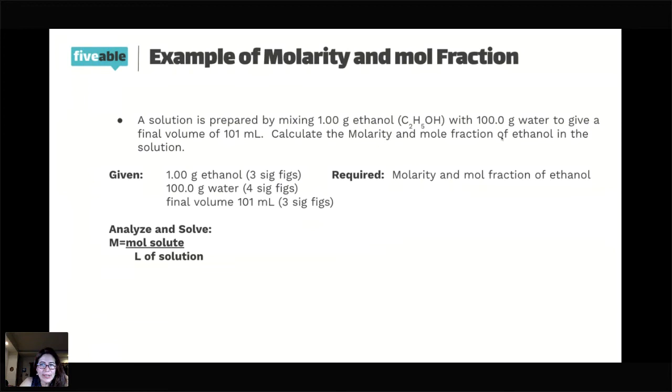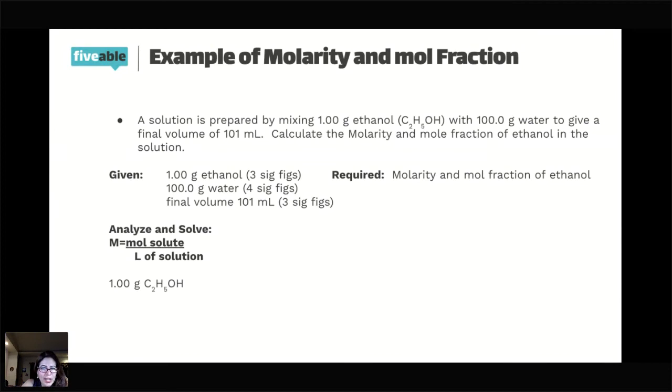So if they're telling us to calculate the molarity of ethanol, then ethanol is our solute. Okay, what information do we have about ethanol? In your list of givens, we have the 1 gram of ethanol, right? So we can start with that.